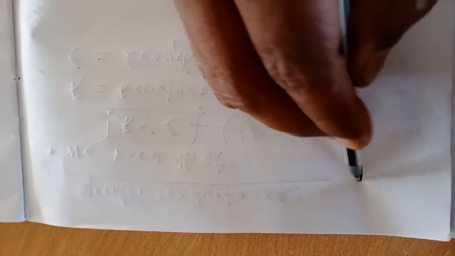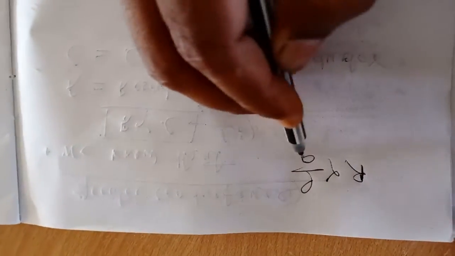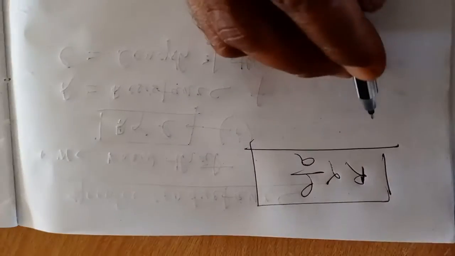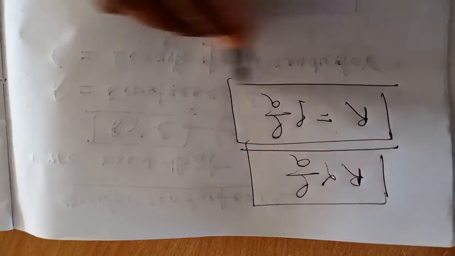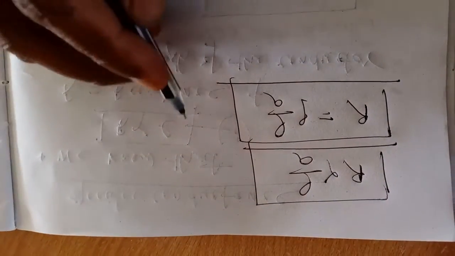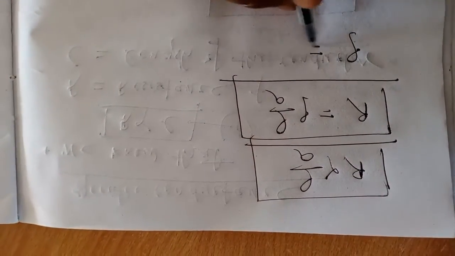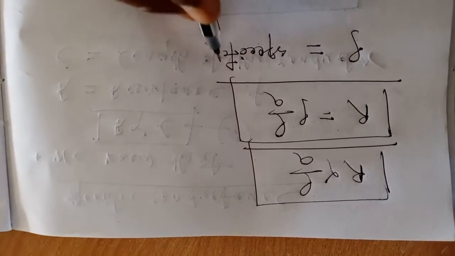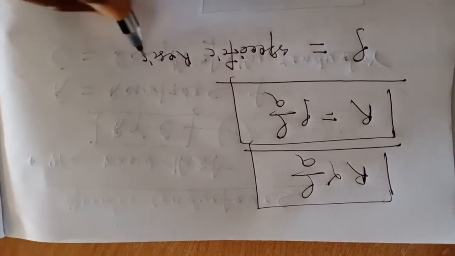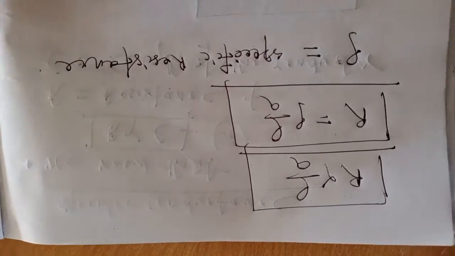So R equals rho L by A, where rho equals specific resistance.